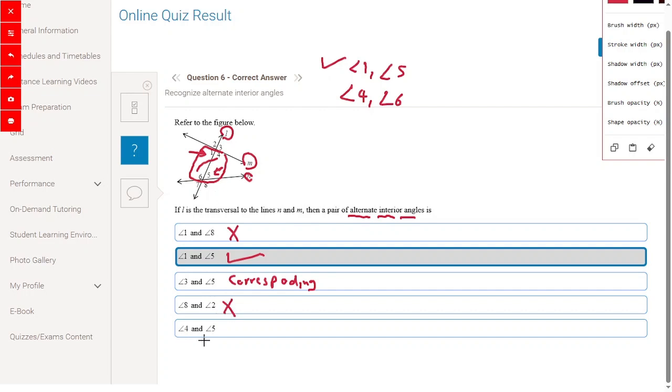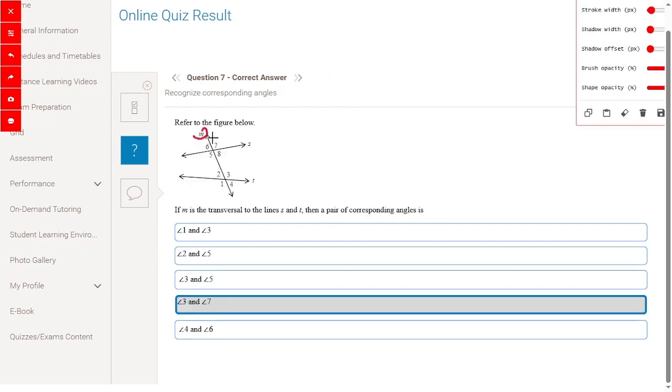And angle 4 and angle 5, this is called co-interior, two interior angles on the same side. So all the other answers are wrong, and only 1 and 5 is the right answer.